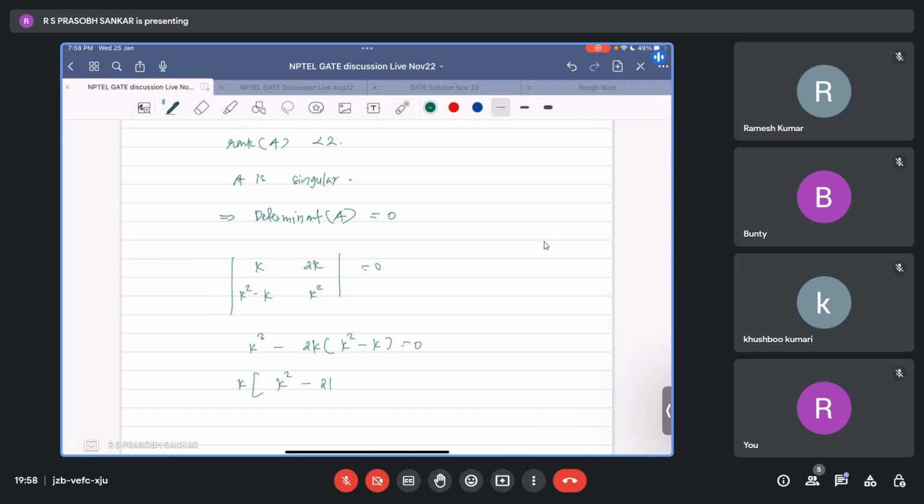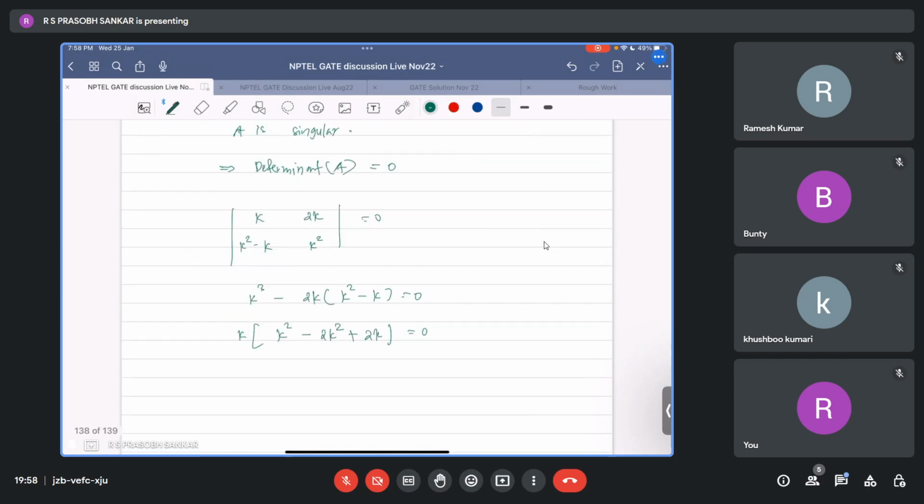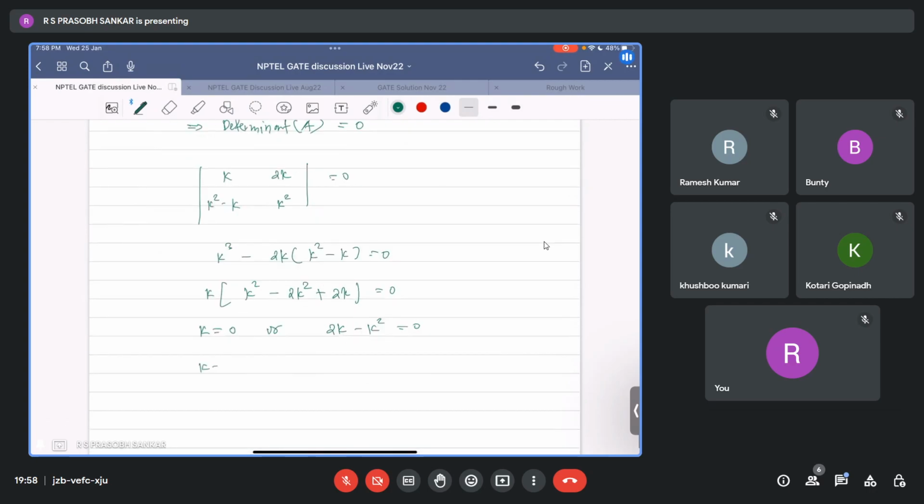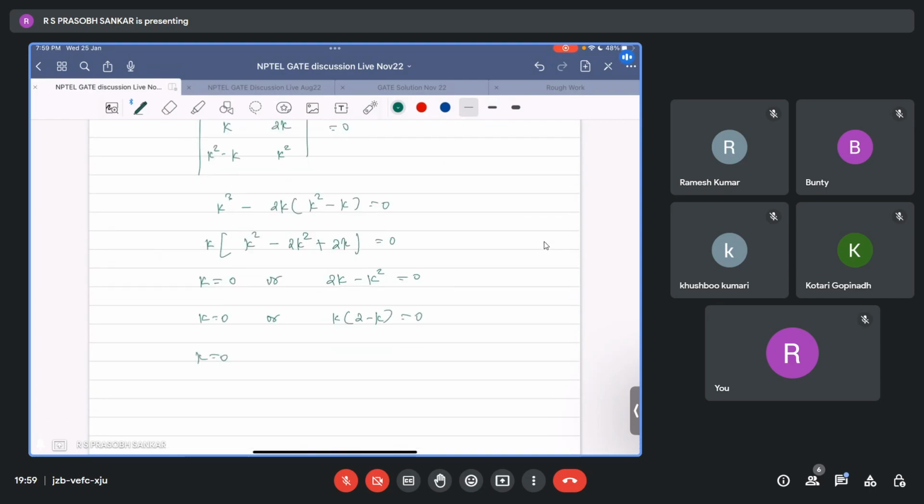We'll take a K outside: K times K square minus 2K square plus 2K is 0. So K equal to 0, or 2K minus K square equal to 0. What it means? K equal to 0 or K into 2 minus K equal to 0, which means K equal to 0 or K equal to 2.